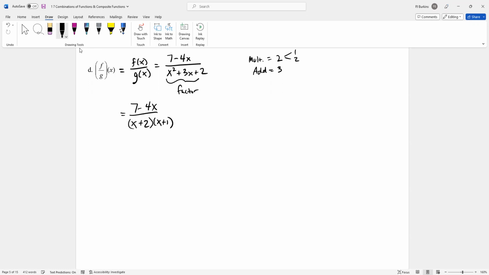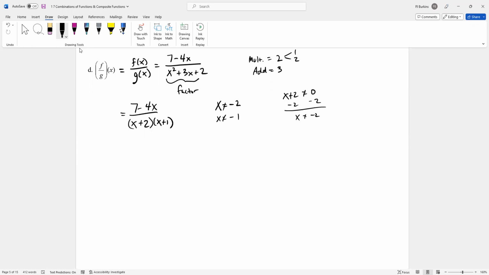Now, the two functions that made up this function had no restrictions. They were minus infinity to infinity. However, the new function, right, we're not allowed to divide by 0. So x cannot be negative 2 and x can't be negative 1. Basically, I just set both of those equal to 0 and solved. That's how I got those values.